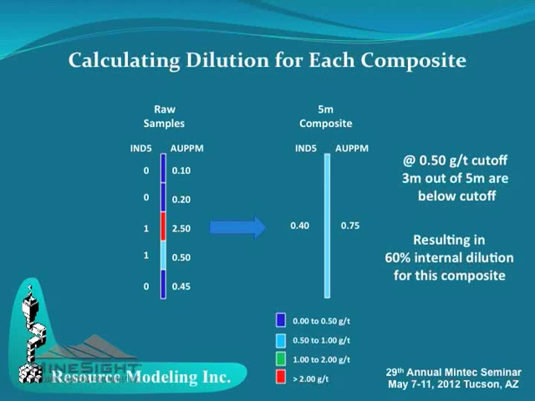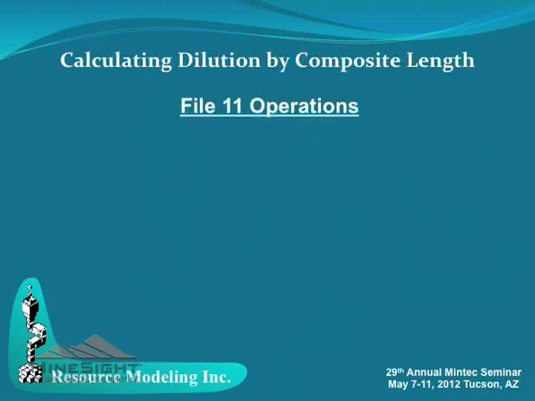So what that's telling us is that at a half gram cutoff, this 5 meter composite, 3 meters out of 5 are below cutoff, resulting in 60% internal dilution for that composite. Only 40% of our composite is above that critical cutoff.